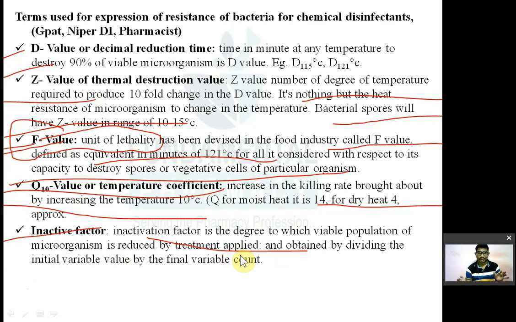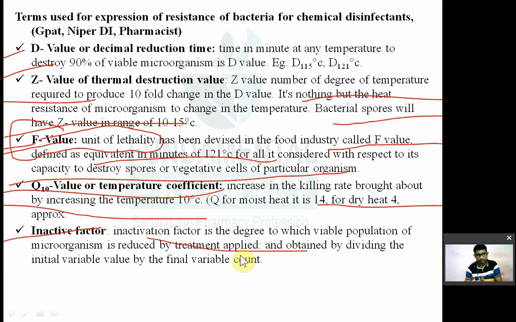Inactivation factor is nothing but the degree to which viable population of microorganism is reduced by treatment applied. मतलब जो भी आपने डिसइंफेक्टेंट यूज किया है या फिर टेम्परेचर यूज किया है, ड्राई हीट हो रही या फिर कोई गैसेस यूज किया है, उसके कारण degree to which viable population of microorganism is reduced, कितना डिग्री कम हुआ है उसको बोलते हैं इनएक्टिवेशन फैक्टर.